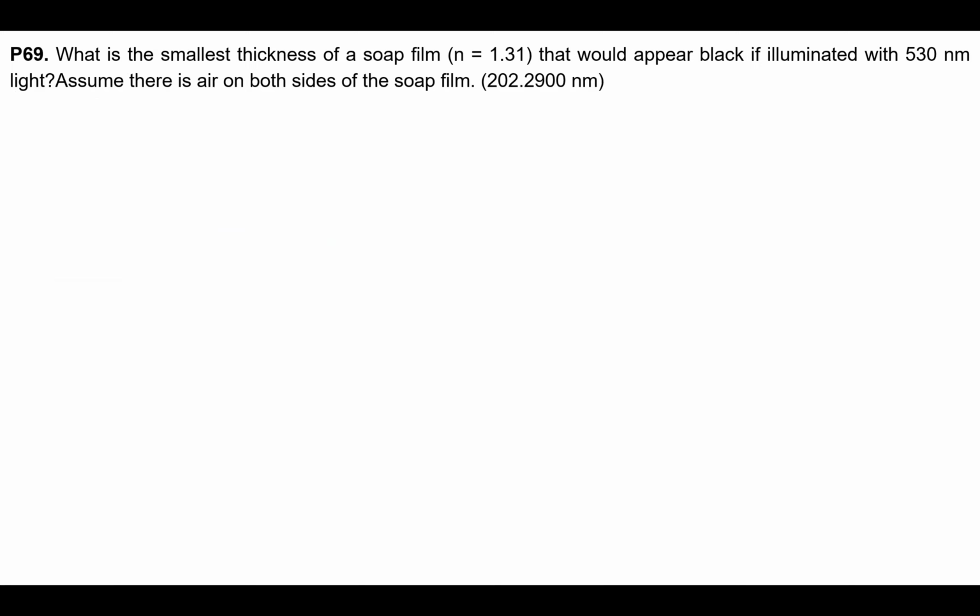What is the smallest thickness of the soap film that would appear black? Soap film, once again, so that n1, 1.31, 1. So in this case, there is a pi phase shift.